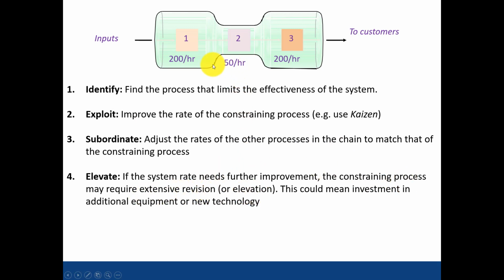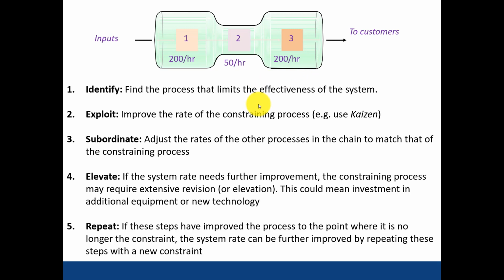That means if we improve workstation 2 from 50 to 100 and we subordinate 1 and 3 to 100, then we have to find ways to increase further, approximating the 200 that at least 1 and 3 can run. That's what it means, elevating the whole system.